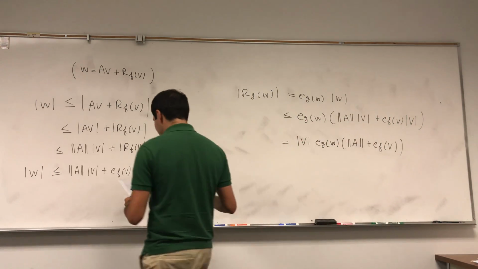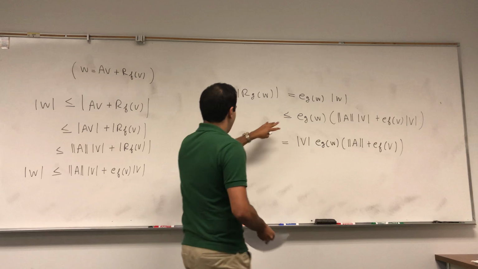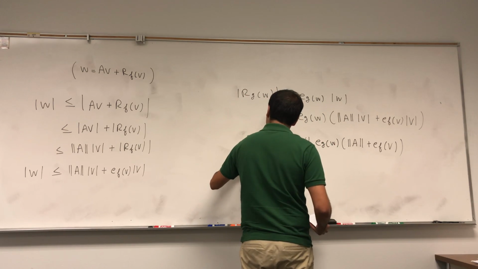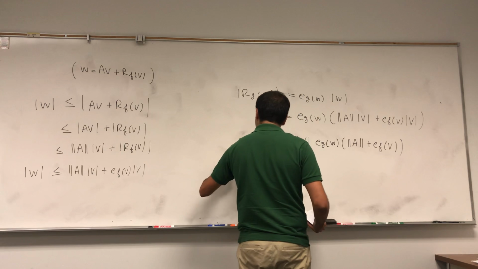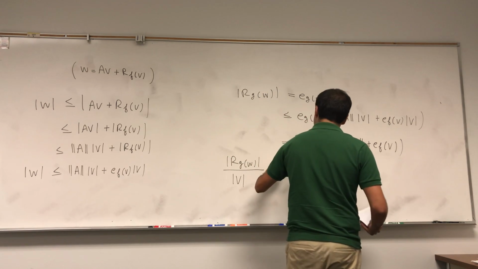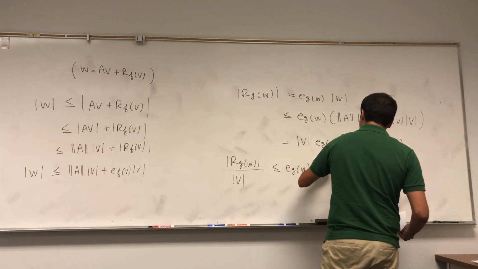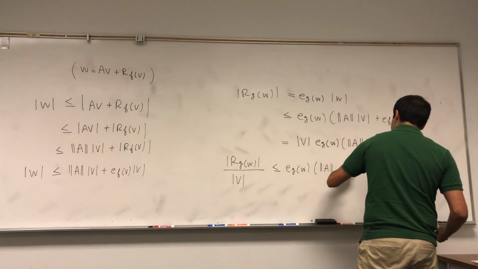Okay, so what do we want to show? Well, now we want to measure this with respect to v. So Rg of w, the remainder divided by the length of v, is less than or equal to Eg of w times the length of A plus Ef of v.